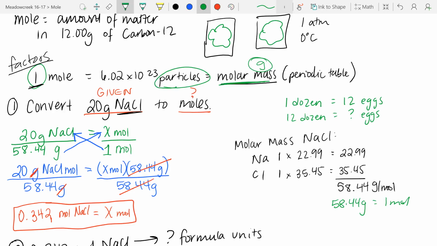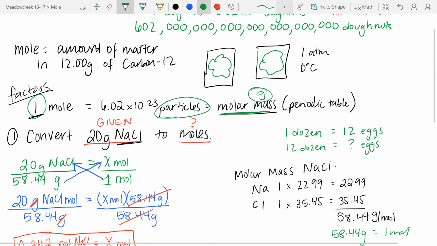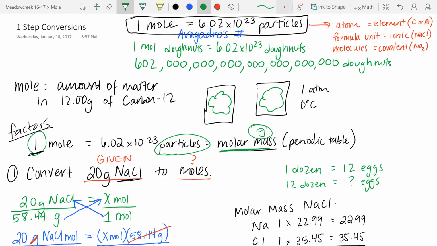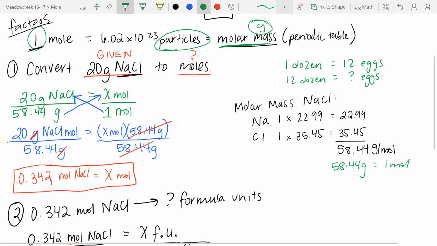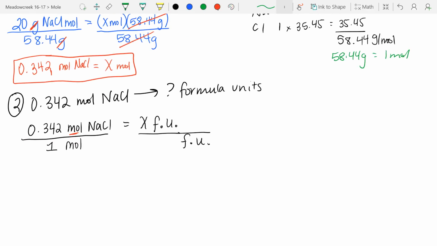But if we look at particles, we know from our discussions earlier that particles is a science word for things, which means we can talk about formula units dealing with particles down here in the problem below. So we will write our Avogadro's number, 6.02 times 10 to the 23. Okay. Now that we have our problem set up, all we need to do is cross multiply.